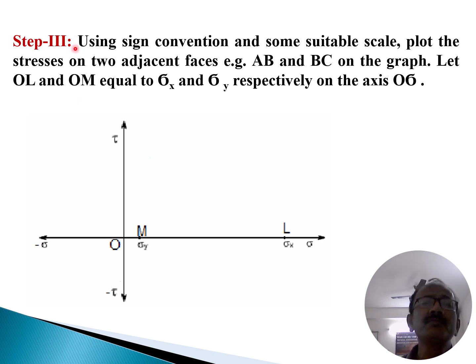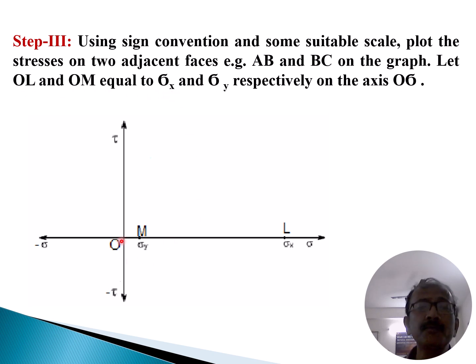Step number three, using sign convention and a suitable scale, plot the stresses on two adjacent faces, that is AB and BC, on the graph. Let OL and OM be equal to sigma x and sigma y.